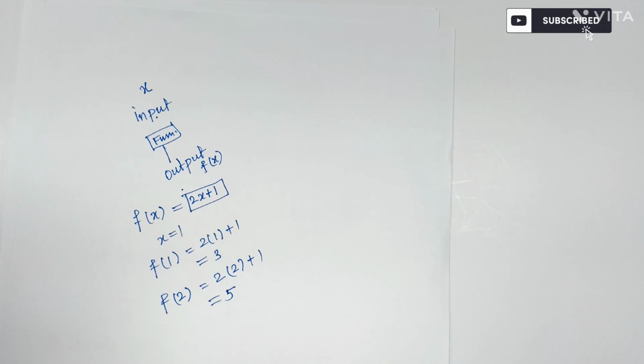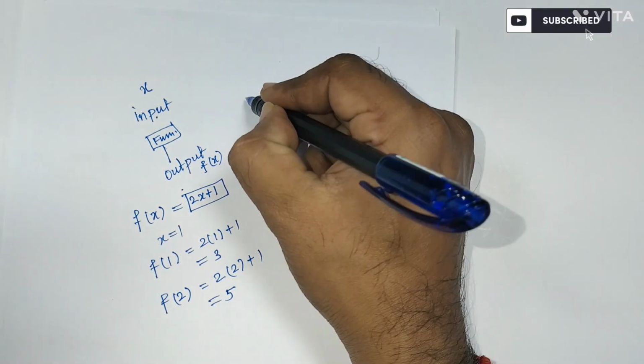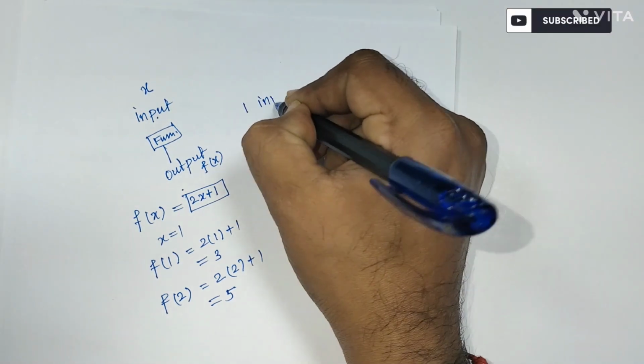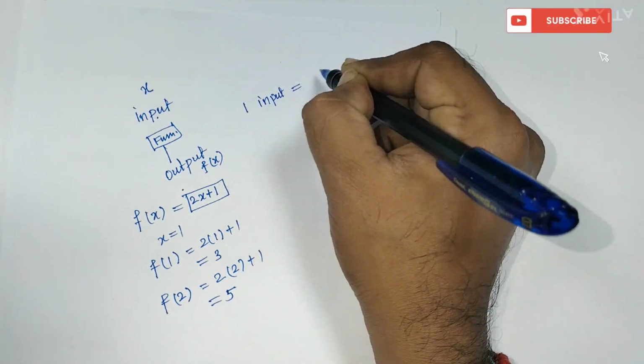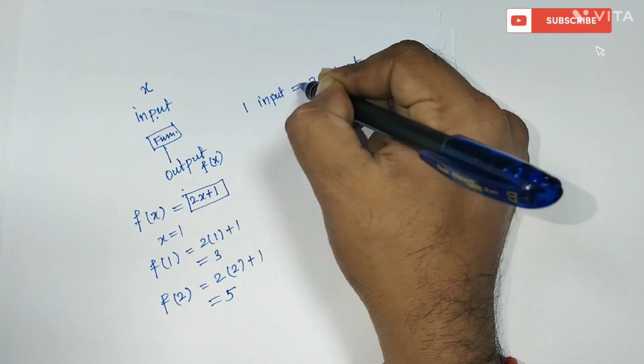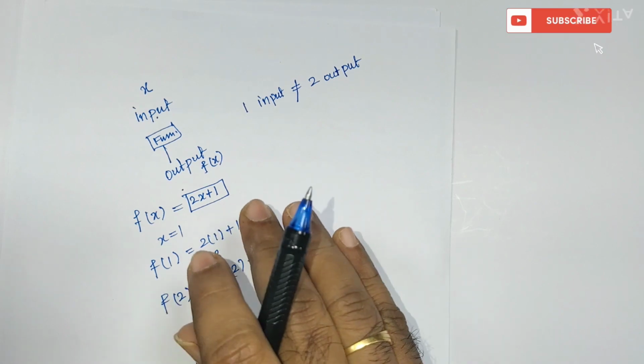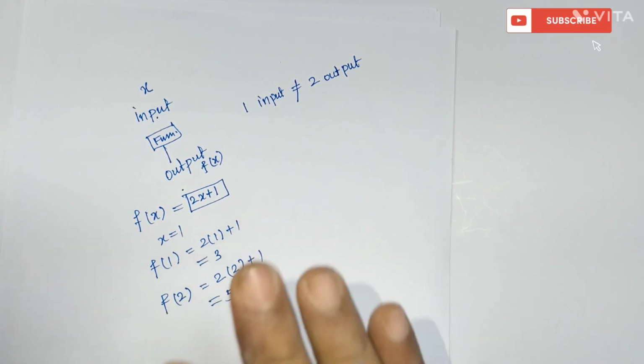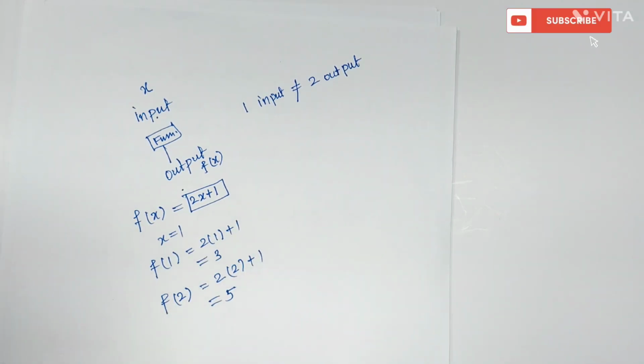So this is called a function. When you give one input, there must be one output. One input giving two outputs is not at all possible here. If you give one input, there must definitely be one output. So it's called a function.